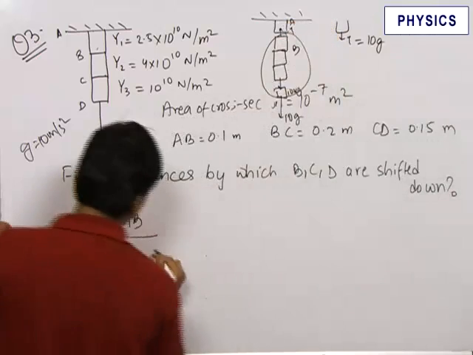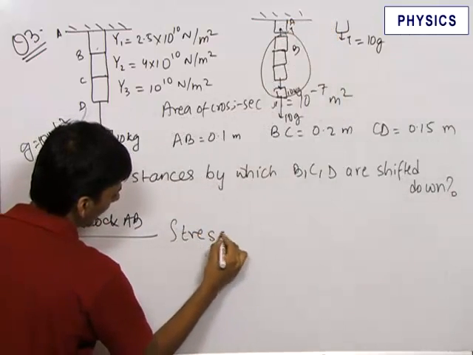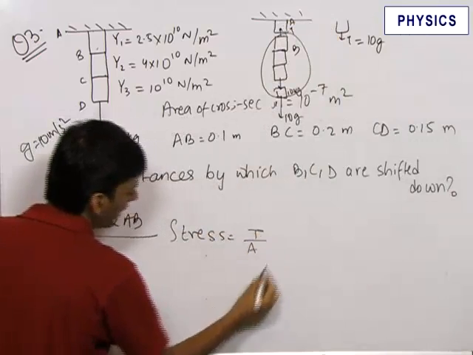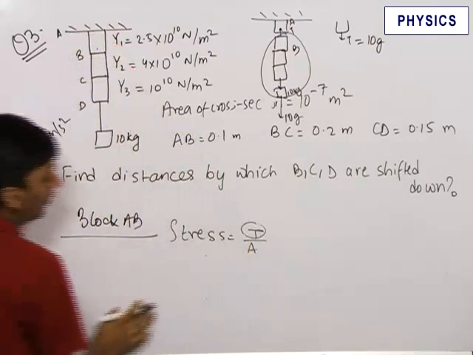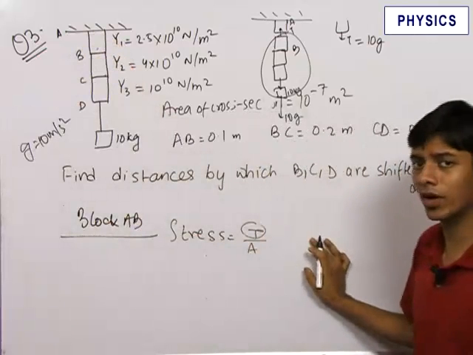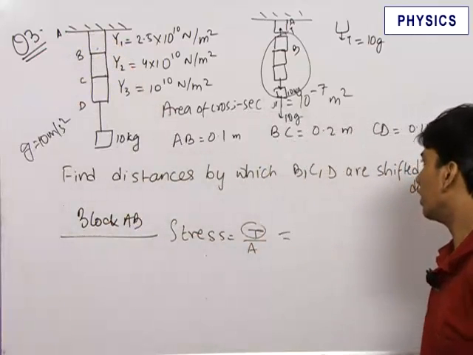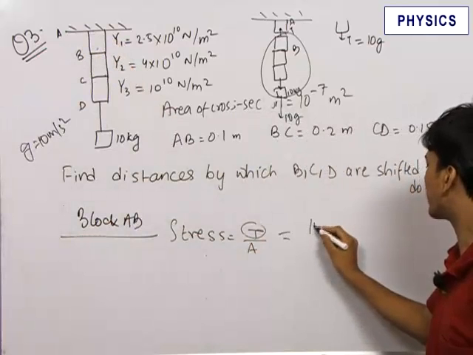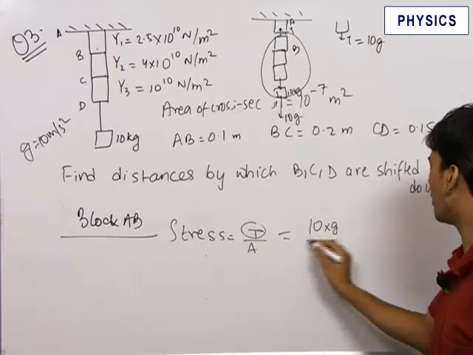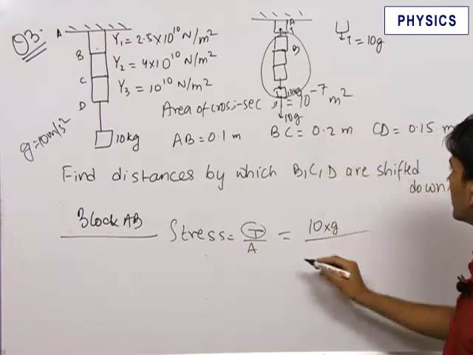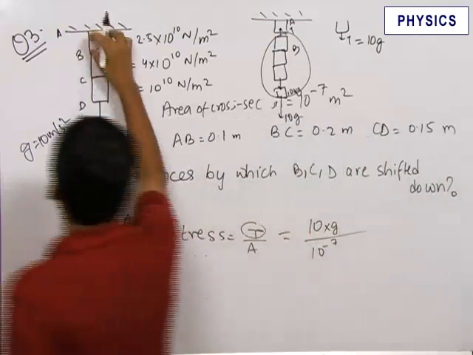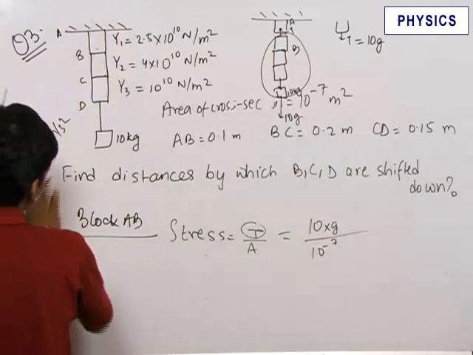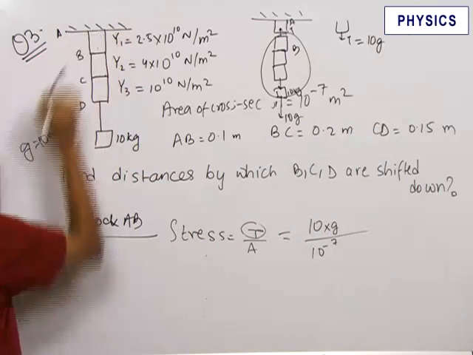This force is constant throughout the cross section area of this block AB. Therefore, we can write the stress directly equal to T upon A, since the same force is acting throughout the cross section area of the block AB. Otherwise, we would have needed to integrate. Therefore, this becomes equal to 10 into G upon the area of cross section, which is 10 raised to minus 7. Now we need to find out the change in length of this block.